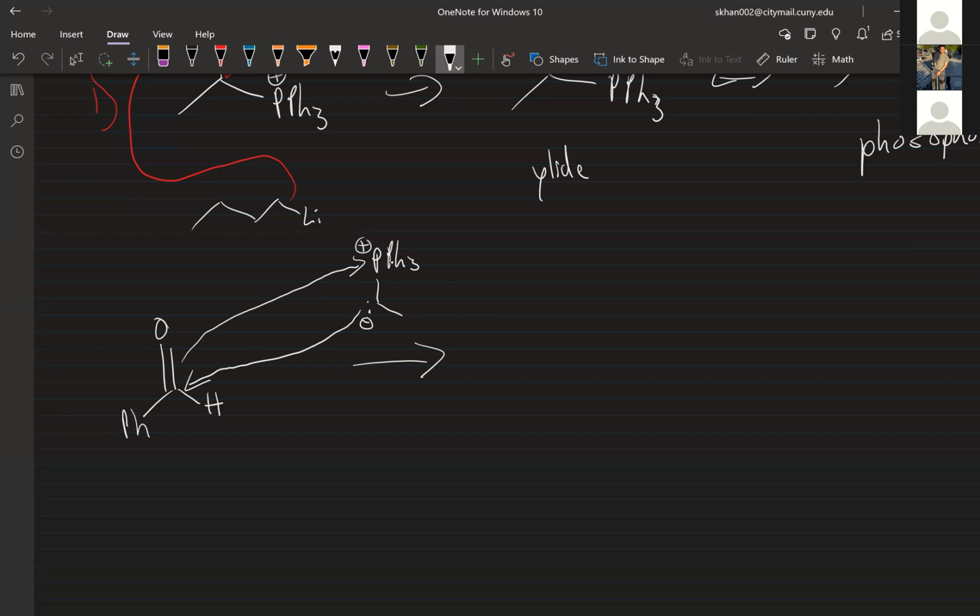Okay, so then you get this intermediate that looks like this. Actually, I'll draw this a little better here. Let's draw the oxygen bond first. Then we have bonded over here the ethyl.